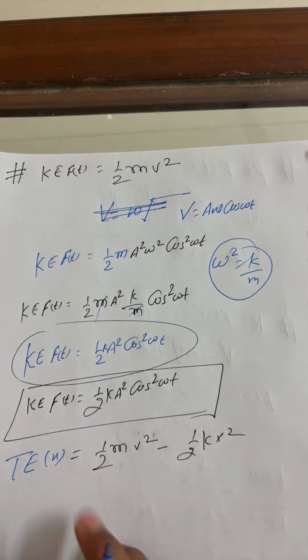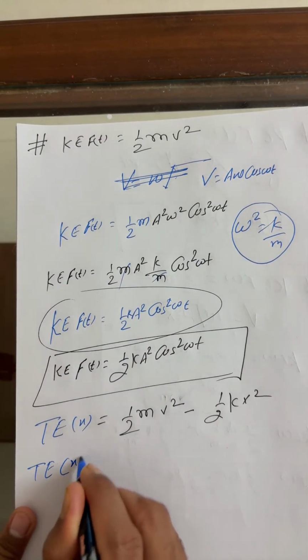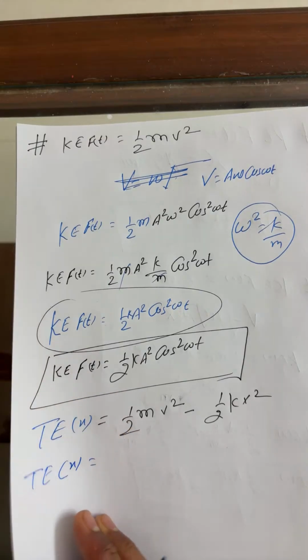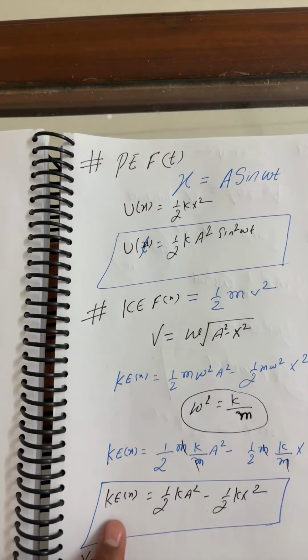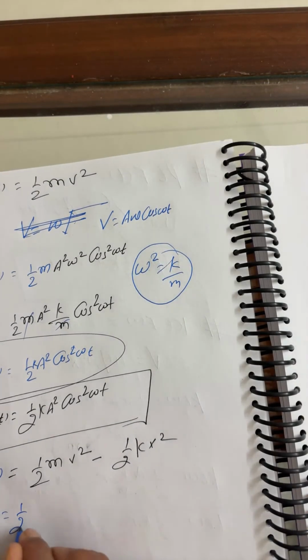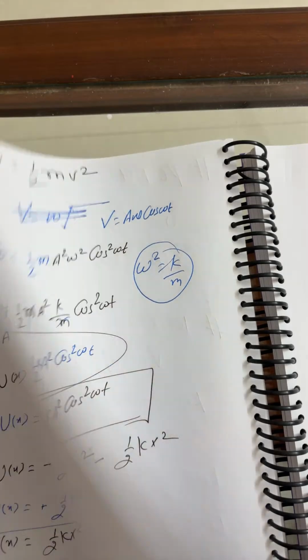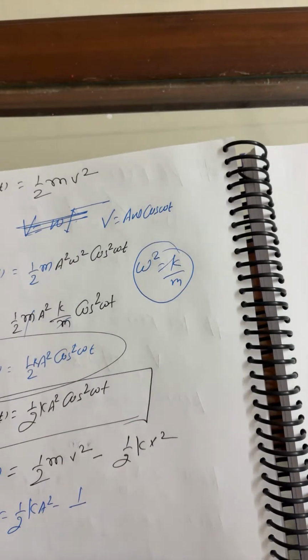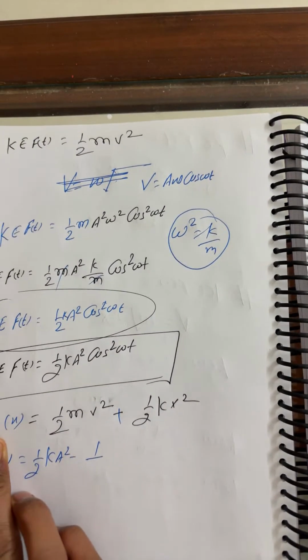Just now I derived the kinetic energy as a function of x: half k a squared minus half k x squared.